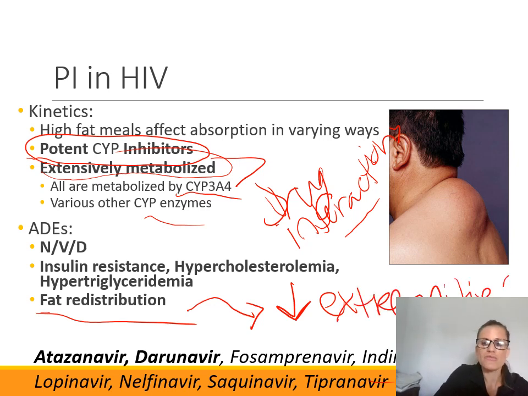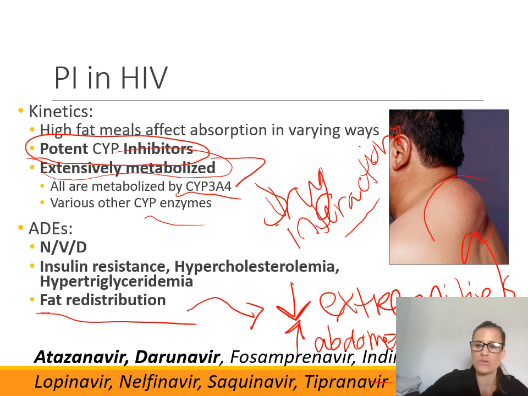So you lose fat in the arms and legs and increase fat in the abdomen, the back of the neck, and the breasts. And the back of the neck results in this buffalo hump appearance.